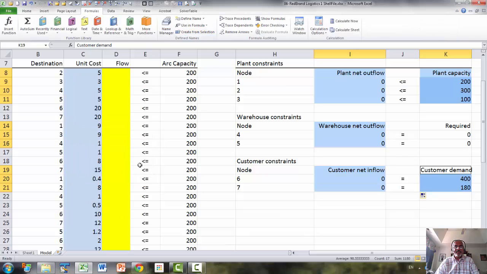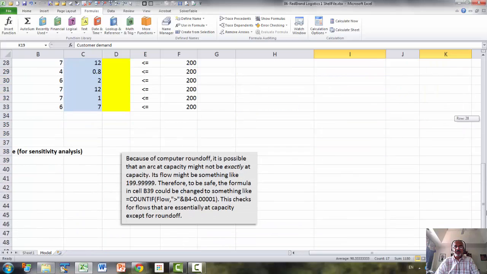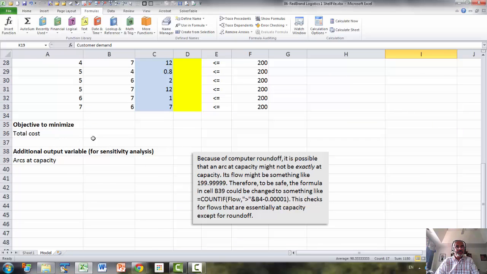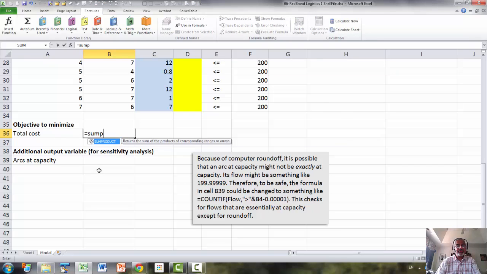Then finally we have total cost. Total cost is the sumproduct of unit cost and flow. So that's our objective function.